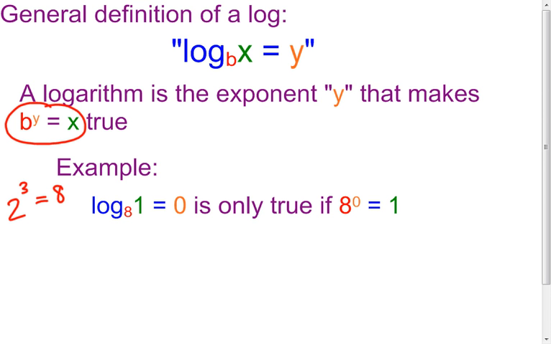If I were to write this in logarithmic form, you can see that your b is 2, your y is 3, and your x is 8. So when I write it in logarithmic form, I would write it like this. Log of my base is 2, my x is 8, and my y in this case is 3. And that's how we would write that in logarithmic form. Okay?